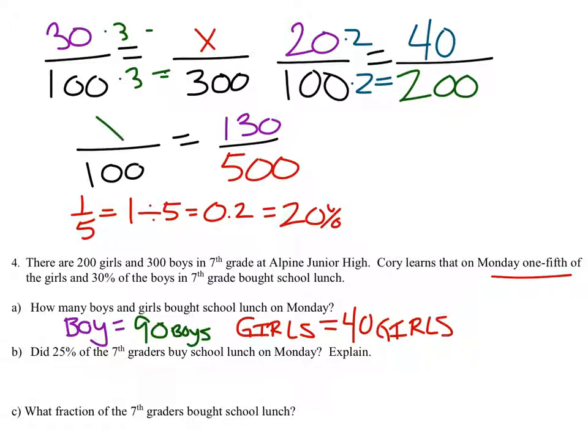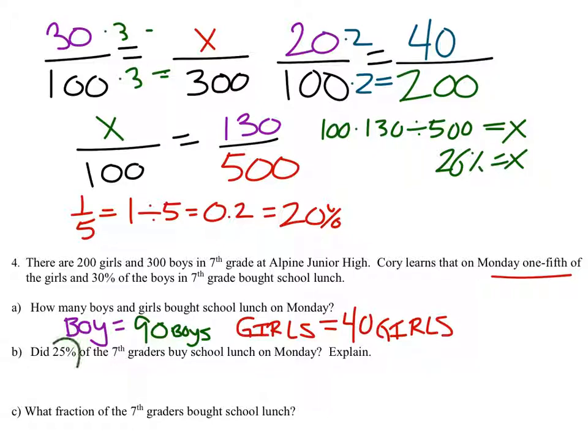So we'll figure out the percent, which is 100 times 130 divided by 500. That equals 26%, which is not 25%. So no, 26% did.